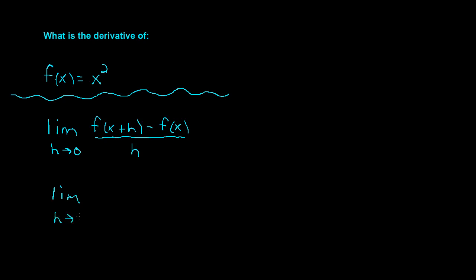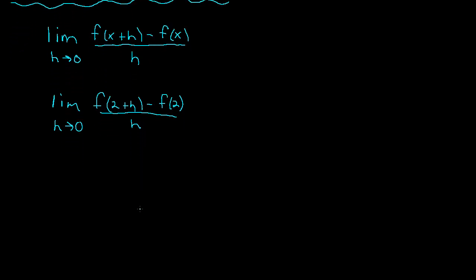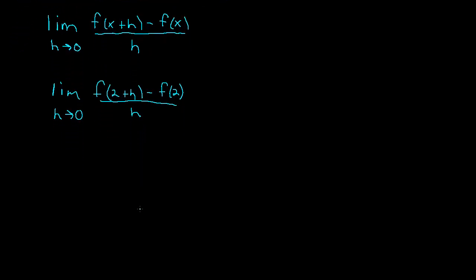We want to evaluate the limit as h goes to 0 of f of 2 plus h minus f of 2, all over h. And if you watched the previous video, the idea of a skeleton equation should make sense to you. If you haven't watched it, all I mean by that is wherever I see my variable from my original function, I replace it with some parentheses.